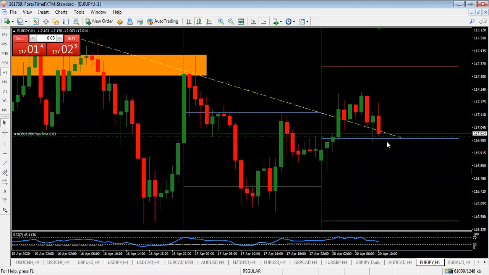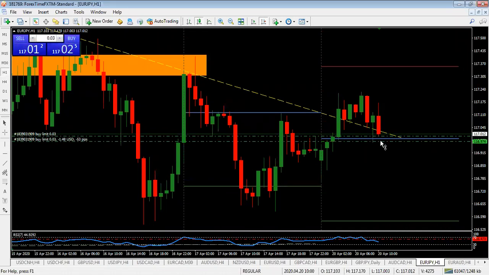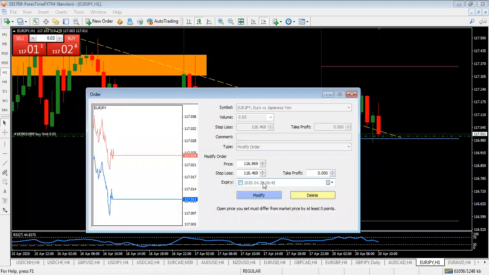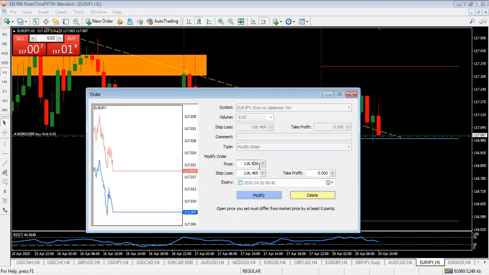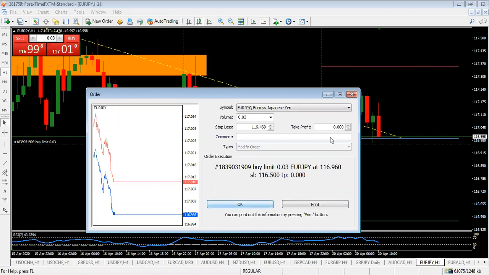We have a rejection of this point at the moment. So we are going to adjust this to 116,700, 116,97, 116,96, and our risk will now be 1165.